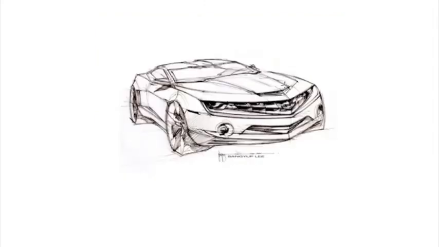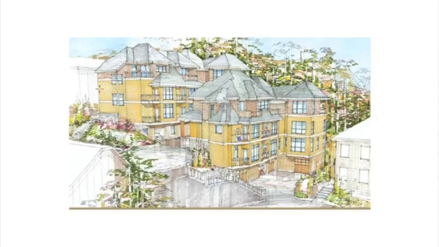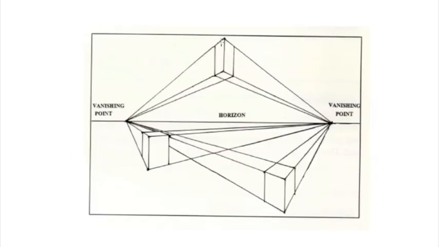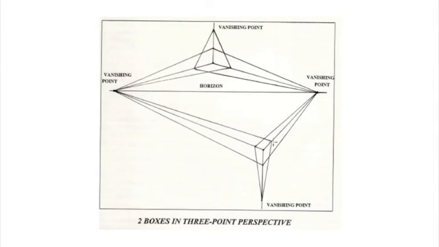With two-point perspective, all of your vertical lines will be vertical, so they won't converge. In three-point perspective, your vertical lines will converge to a third vanishing point that will be above or below eye level.